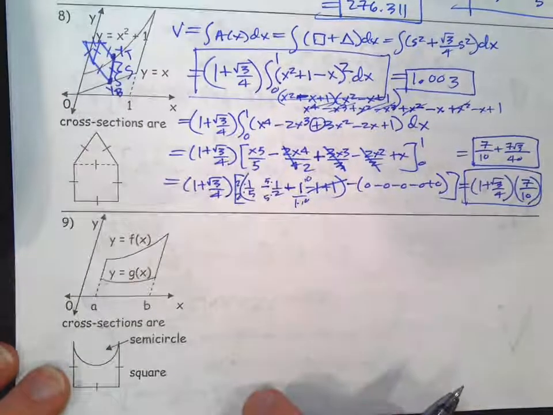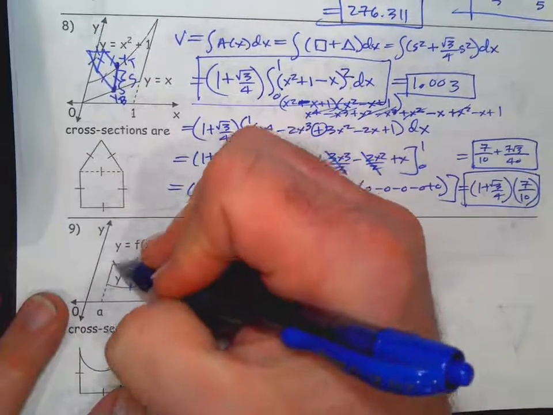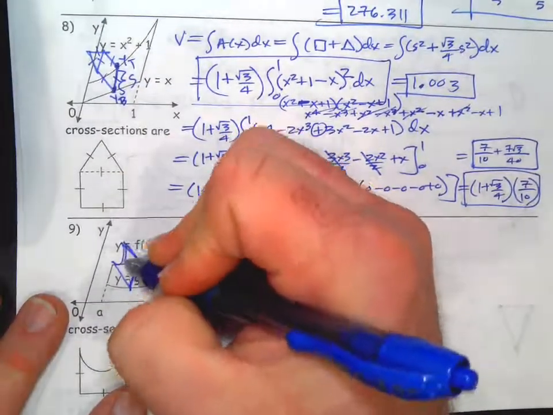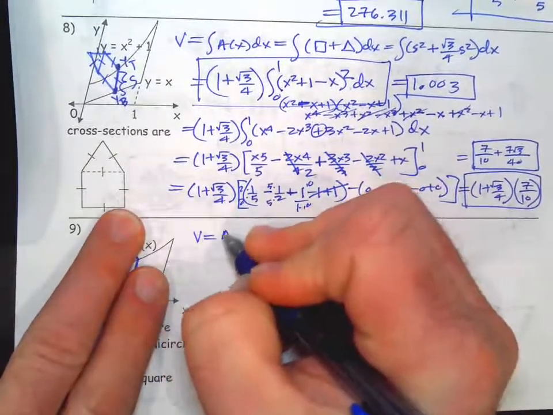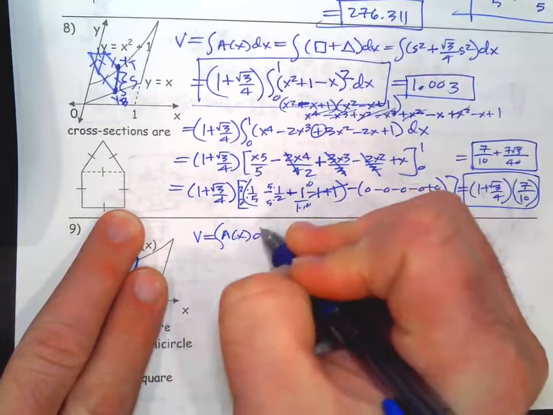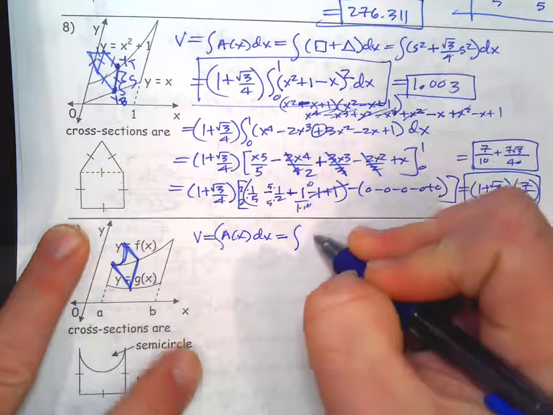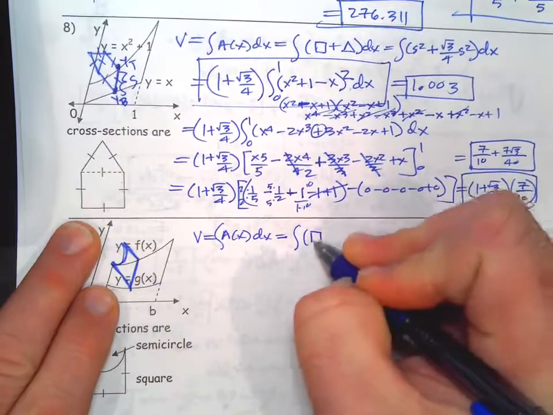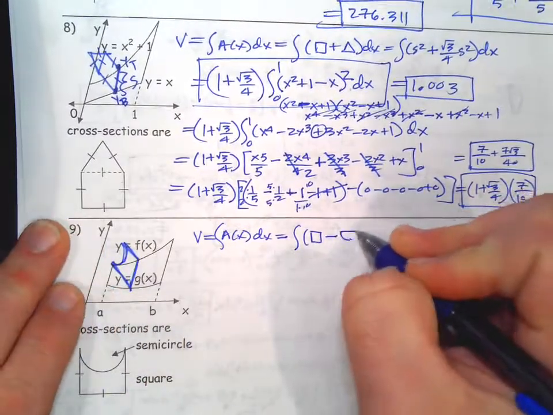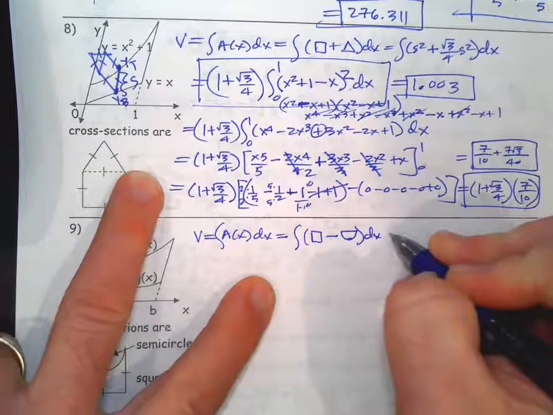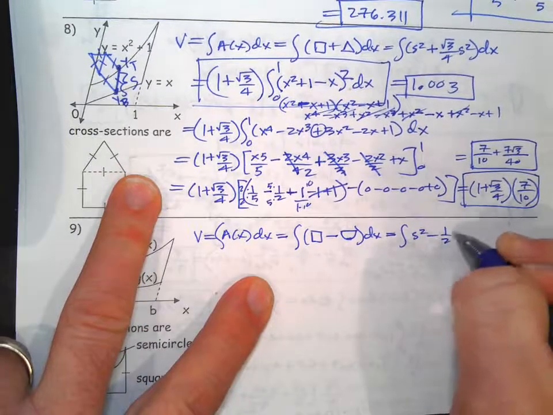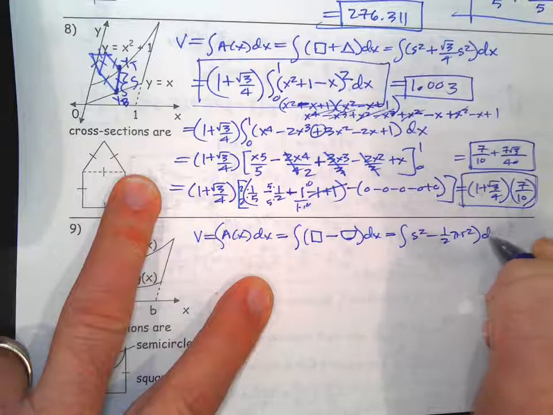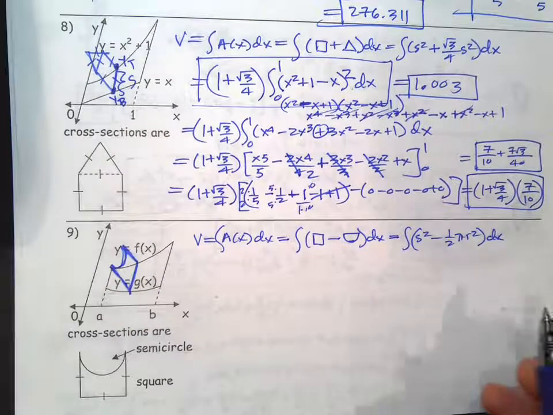Okay, last one. We don't actually have real functions, but we're going to take it as far as we can. So the volume is going to be some area in terms of x dx. It's going to be a square minus half of a circle. So it's going to be side squared minus 1/2 pi r squared. We would like to get these both in terms of s.